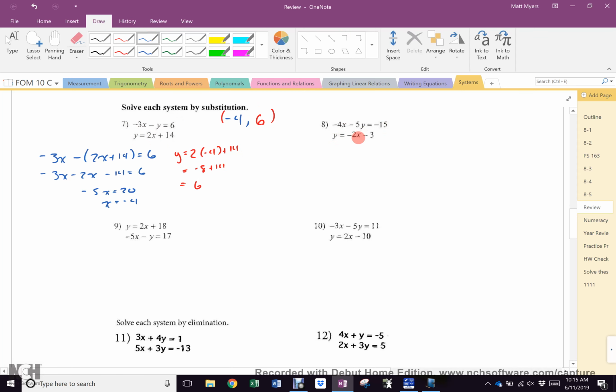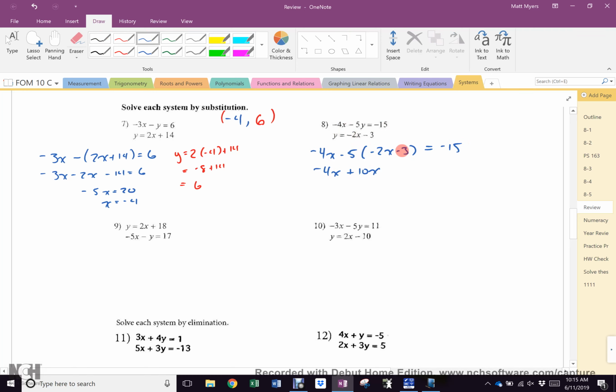Here, y is isolated again. So all I do is negative 4x minus 5, now I put in y. Negative 2x minus 3 equals negative 15. Negative 4x minus 5 times minus 2 is positive 10x.